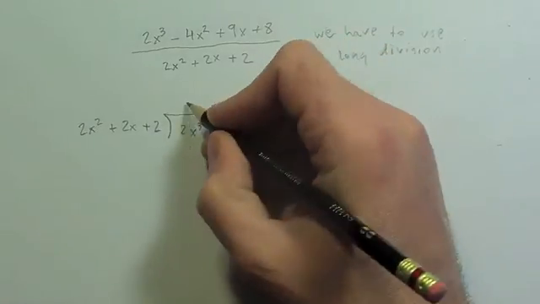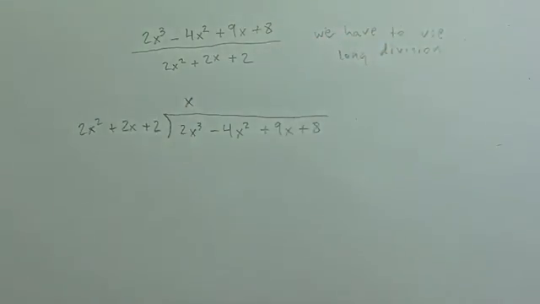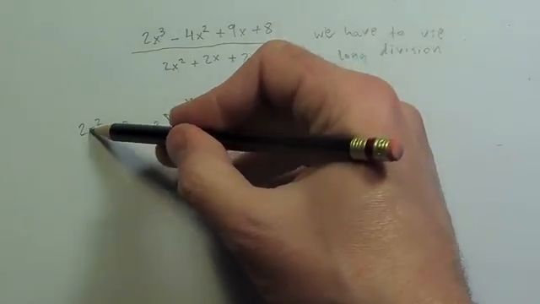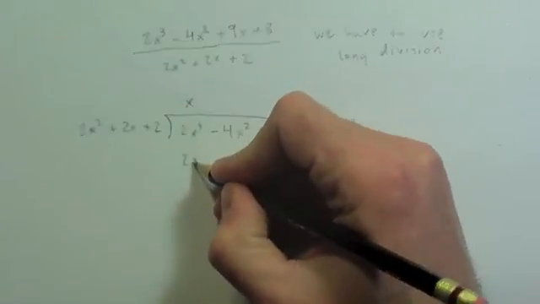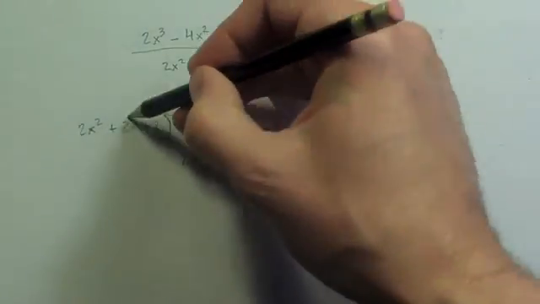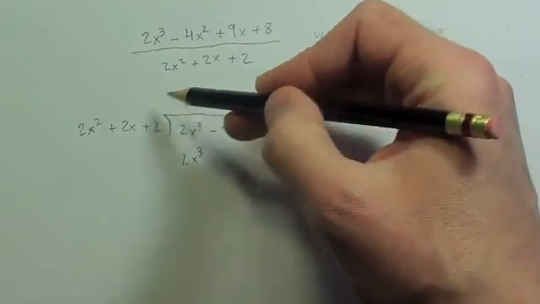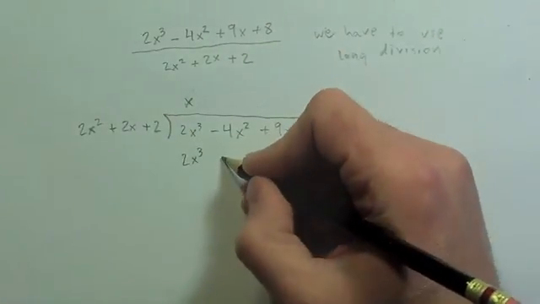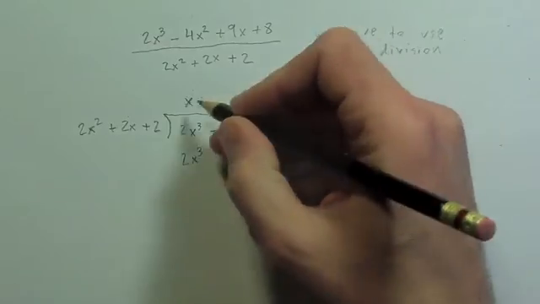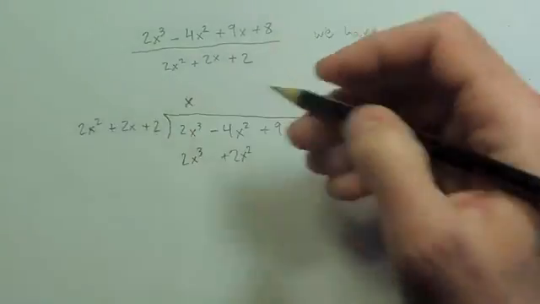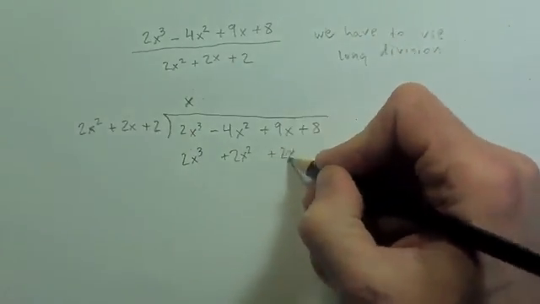Well, x. X times 2x squared gives me 2x cubed. Now I multiply all the pieces. So x times 2x gives me plus 2x squared, and x times the 2 gives me plus 2x.